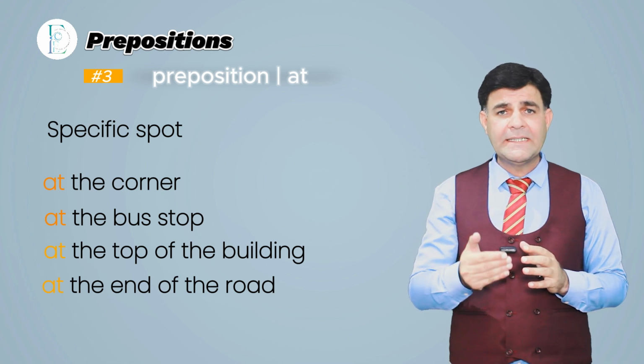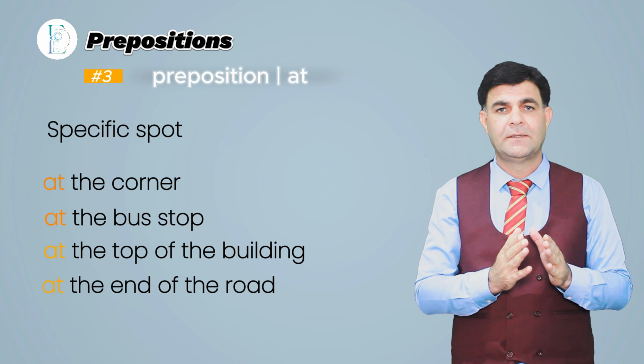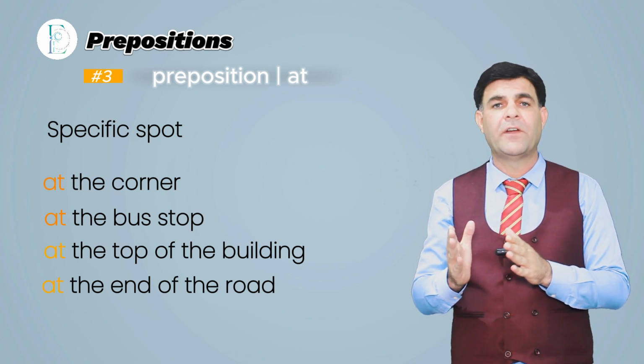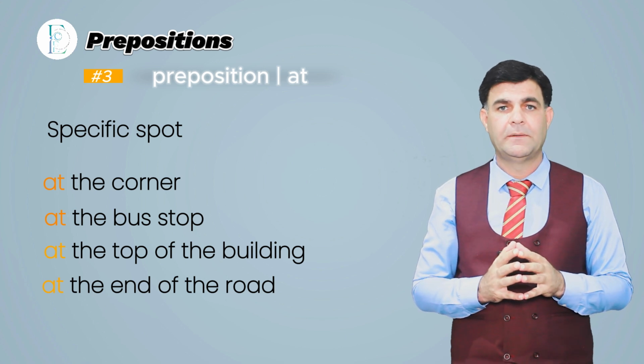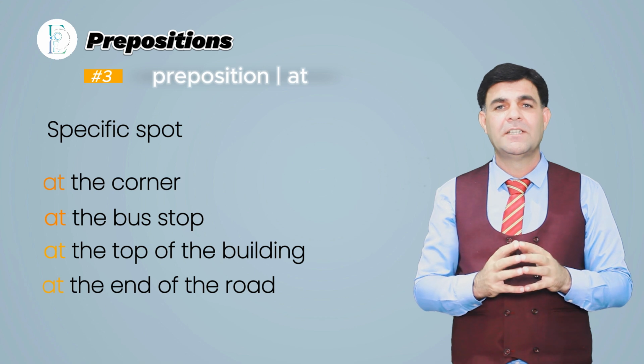So in all these examples, at can be used in a different way, and they give you different meaning. But one specific point, specific area, specific spot.